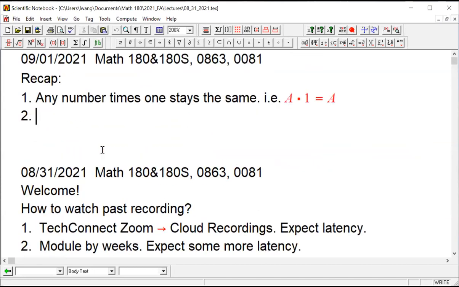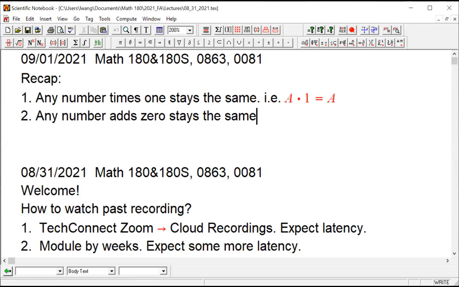The second principle is any number plus 0 stays the same, which is the second one on your notes.